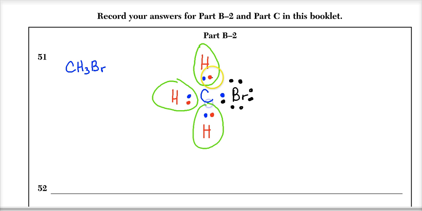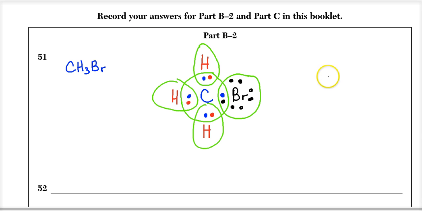Carbon, by sharing electrons with the hydrogens and the bromine, feels like it has 8. And the bromine, by sharing 1 with the carbon, feels like it has 8 as well. So you don't need the circles, but that shows you that each atom, by sharing its valence electrons, has reached its stable configuration. So this is an appropriate Lewis dot diagram.